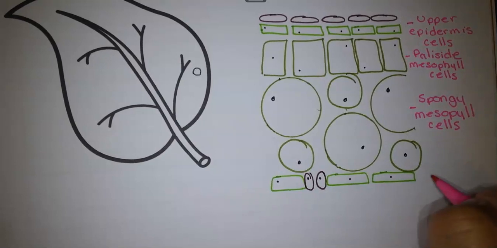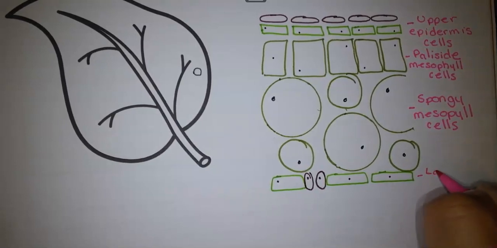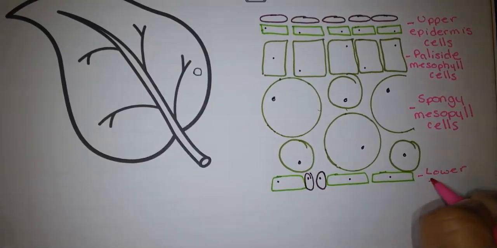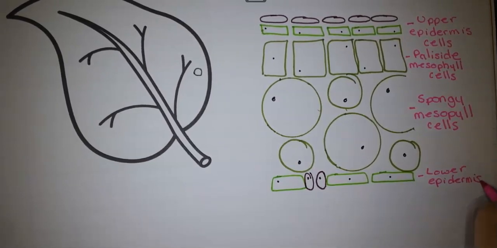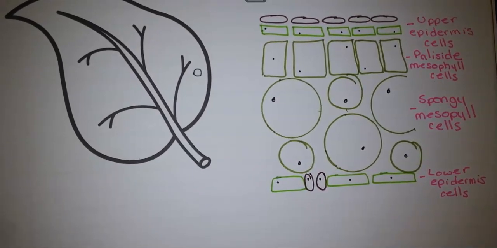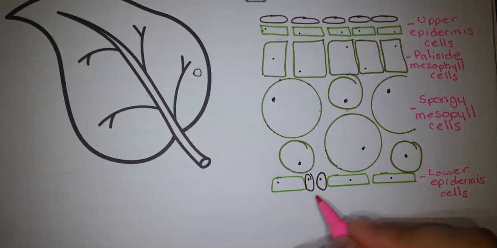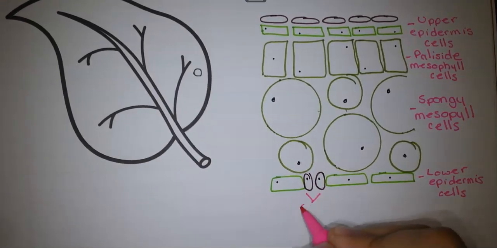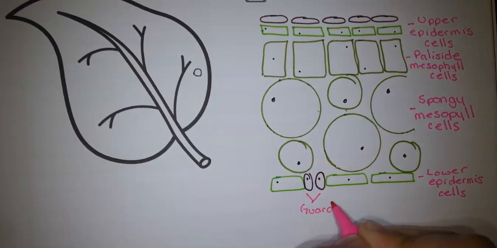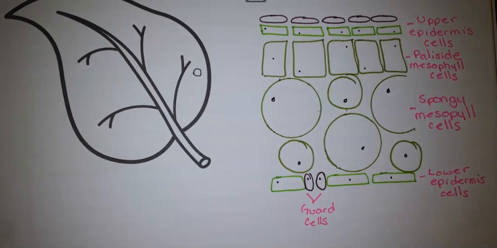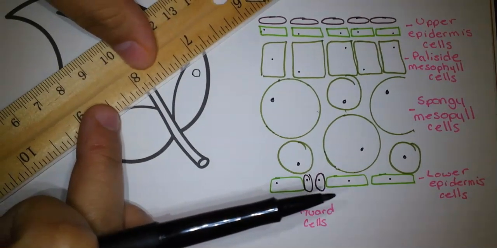Again, this is our lower epidermis. And these right here are our guard cells. Okay, so that is a zoomed in version of how your leaf looks.